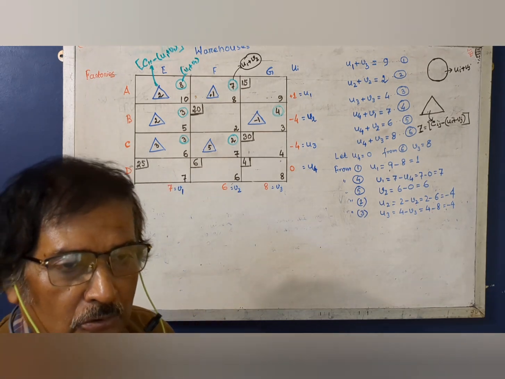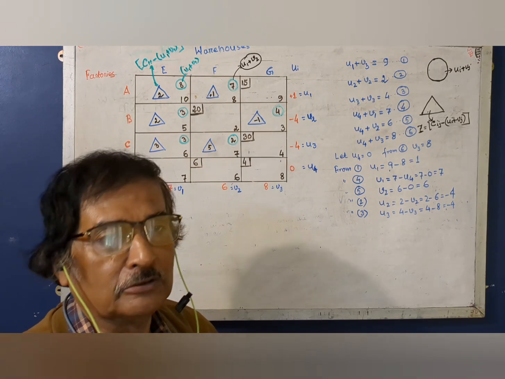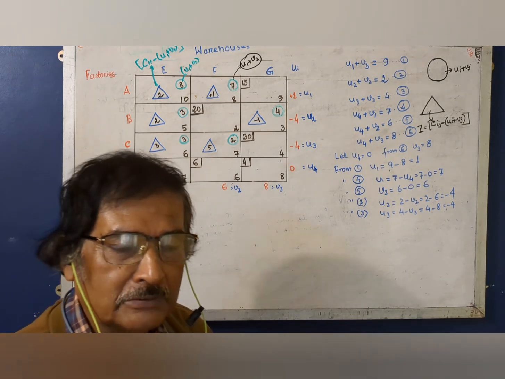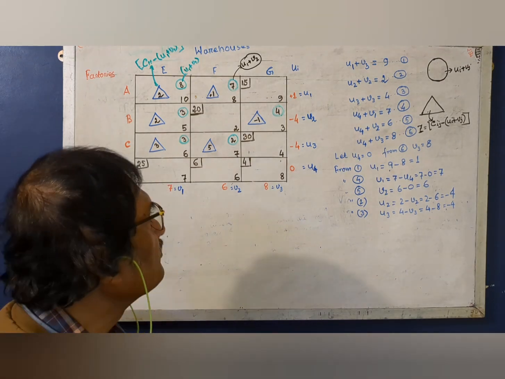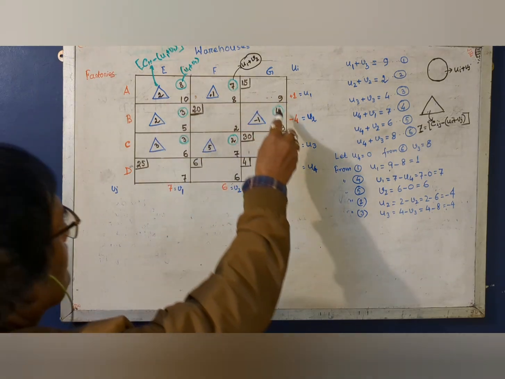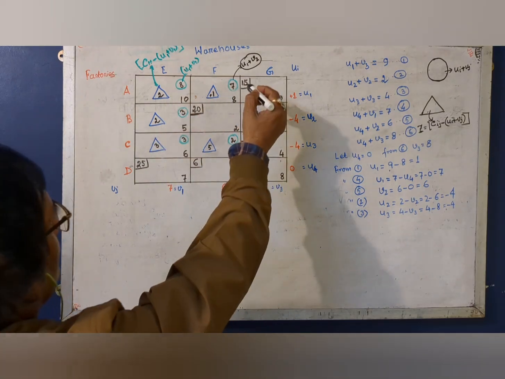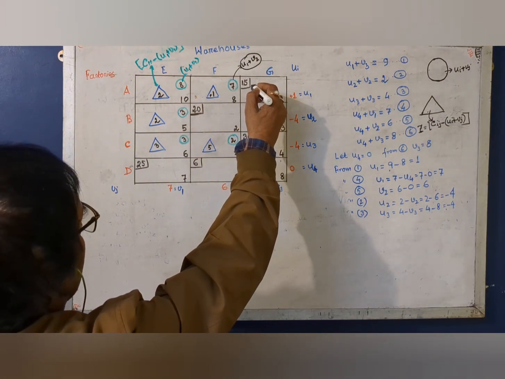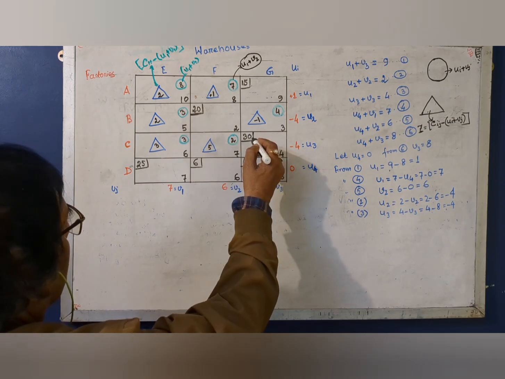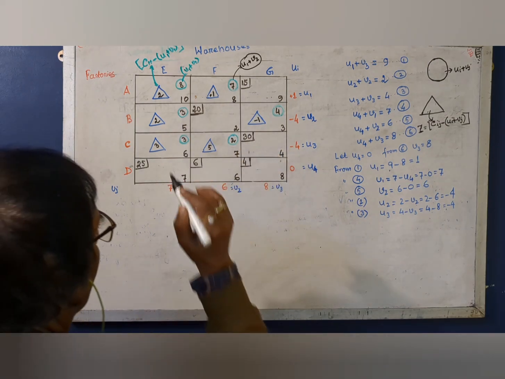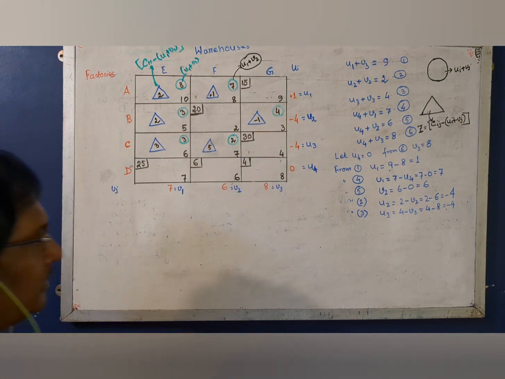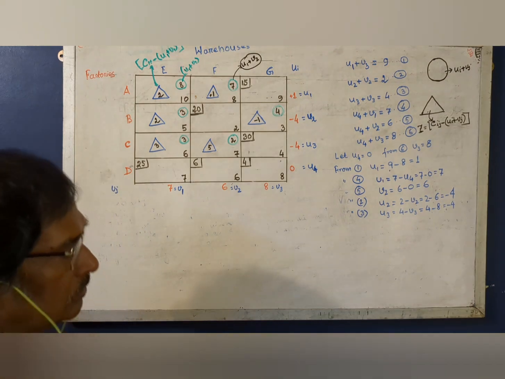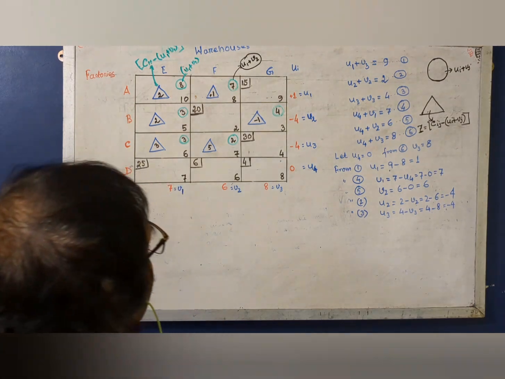Now I'm going to show the MODI method for optimization of that basic feasible solution. This is the transportation problem, and these are the basic feasible solutions: 15, 20, 30, 25, 6 and 4. It is better to look at the problem from my previous video.